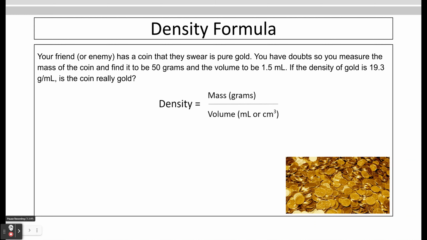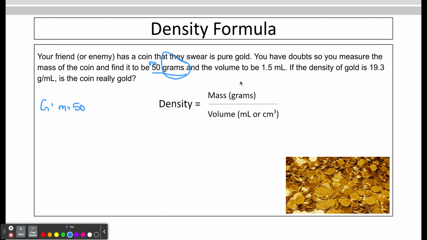Let's solve this. The first number I come across is 50 grams. Grams is mass, so my given mass is equal to 50.